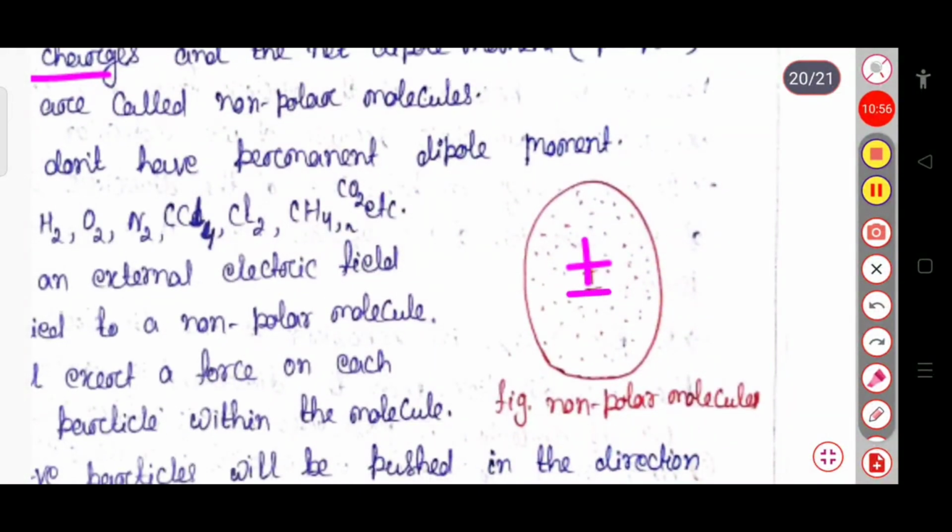Negative charge here means the cloud of electrons, as I have told before. The charge density of these electrons and the positive charge will lie at the same point, that is here at the center. So when the center of gravity of the positive charge as well as the negative charge lies at a single point, then this type of molecule is called a non-polar molecule.